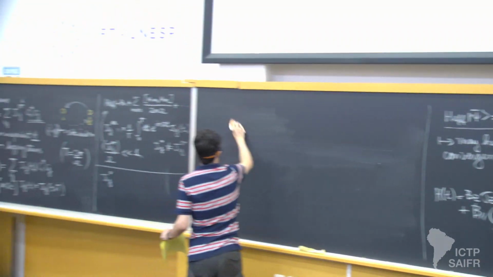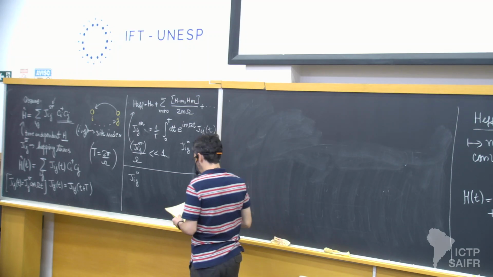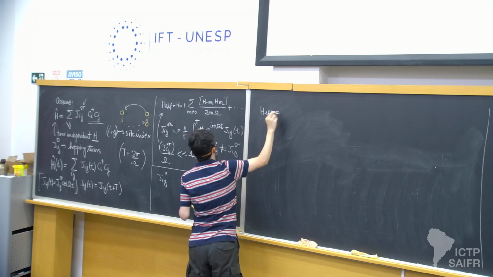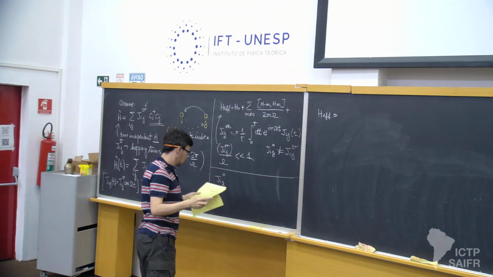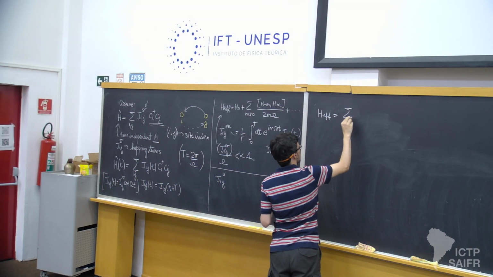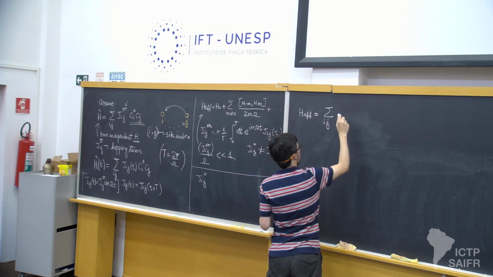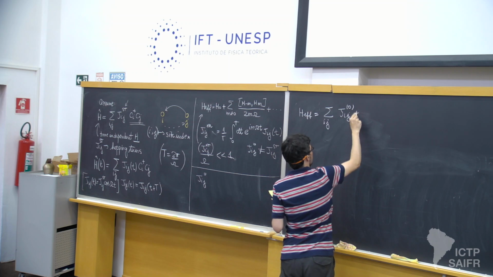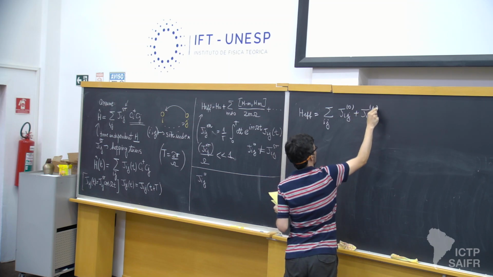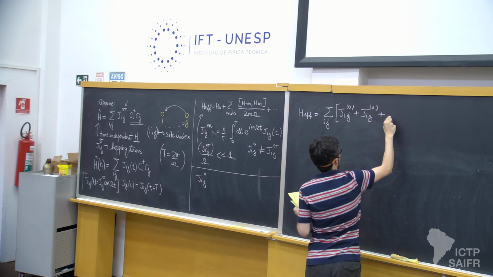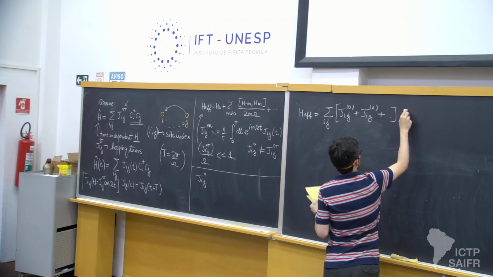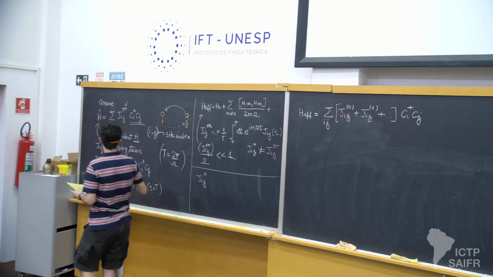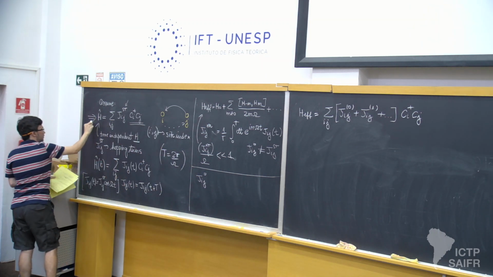So the effective Hamiltonian is going to look like this: the sum over i and j of Jij0 plus Jij1, times Ci dagger Cj. Okay, so we start with a Hamiltonian that looks like this.